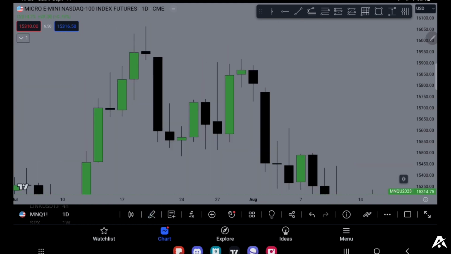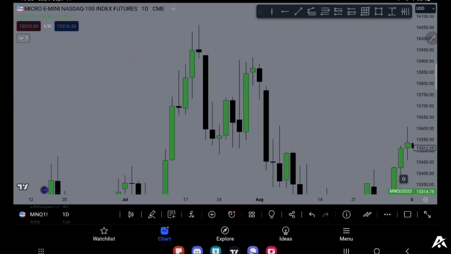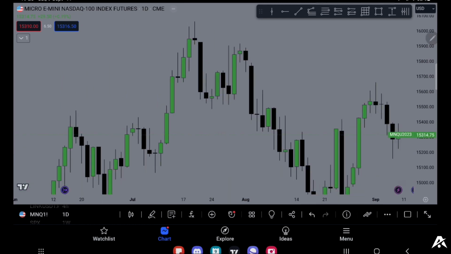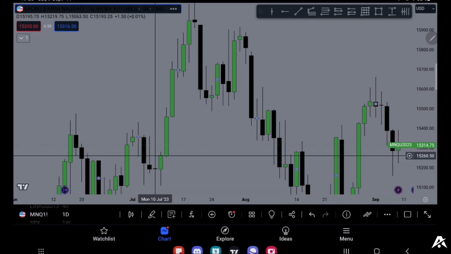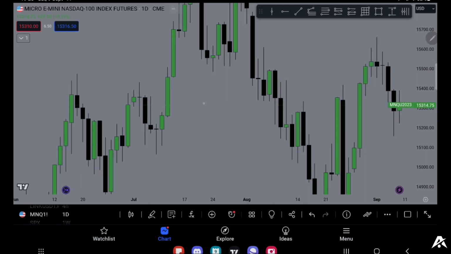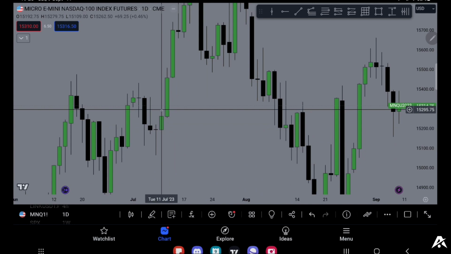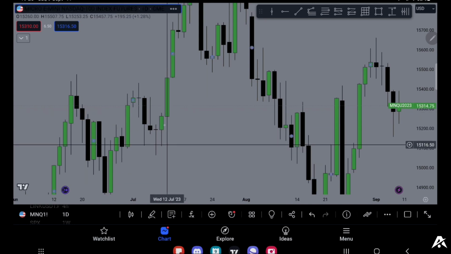Perfect. So now let's come back. In order to determine your order flow, what you need is your candle open and your candle close, because that's what's going to tell you where your order flow is. Let's take an example from here till here. What happens here? Candle opens, closes, makes a high, makes a low.